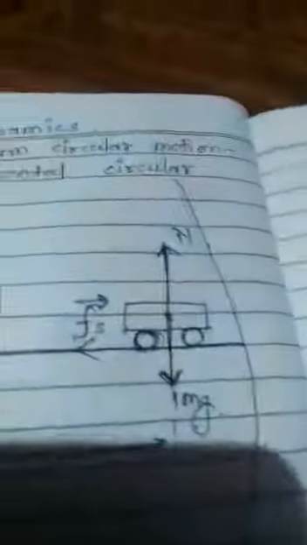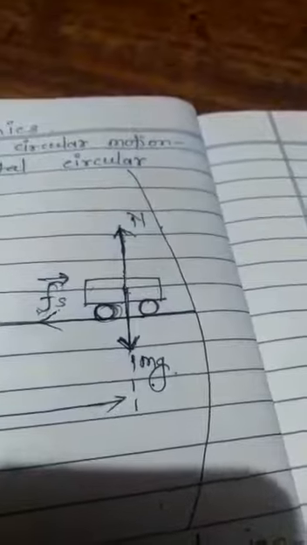For a particular horizontal track and a particular vehicle, the weight of the vehicle is constant, means mg is constant, and for a particular circular track, the radius of the circular track is also constant, and as mg is constant, N is also constant.